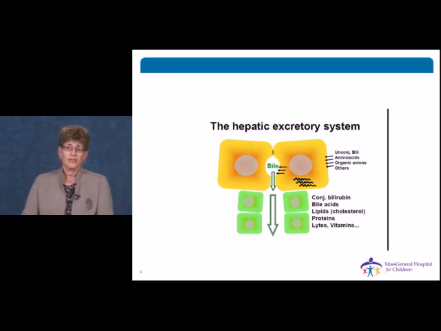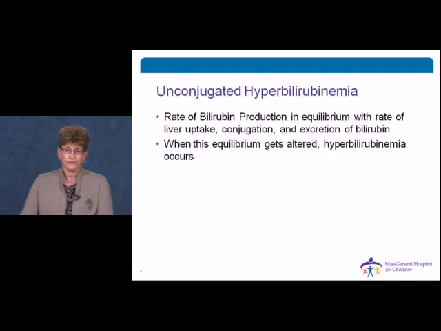But in this case, as we said, the bilirubin is taken up by the hepatocyte, conjugated within the hepatocyte, excreted into the bile through active transport, goes through the bile ducts into the intestine, and some of that bilirubin actually makes it back up to the hepatocyte via the enterohepatic circulation.